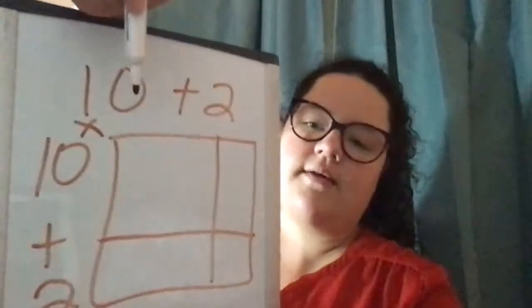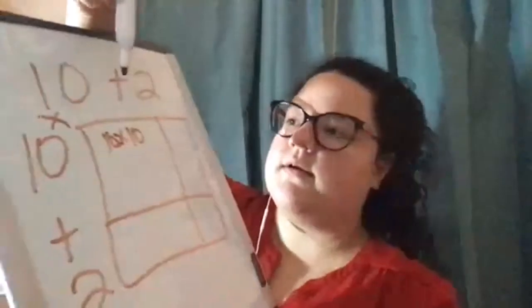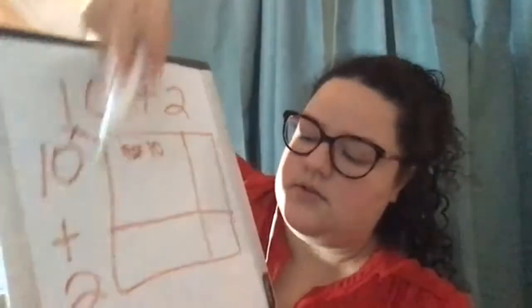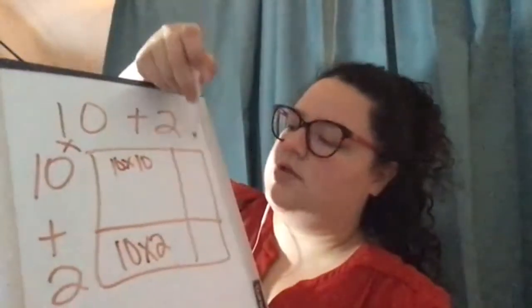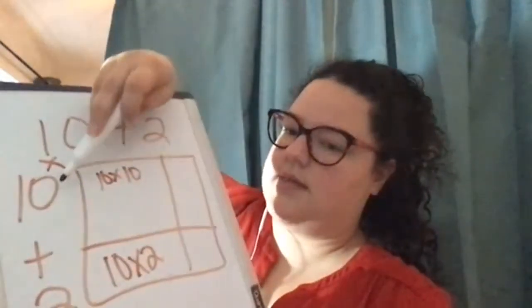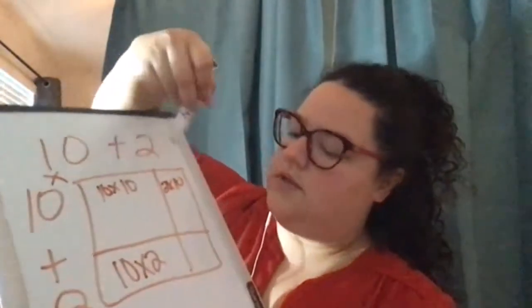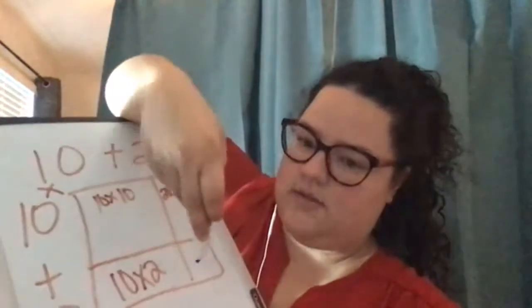So in this big square, we're going to have our 10 times 10. Then we look down here, 10 times 2. And we look over here, 2 times 10. And then our last one, 2 times 2.